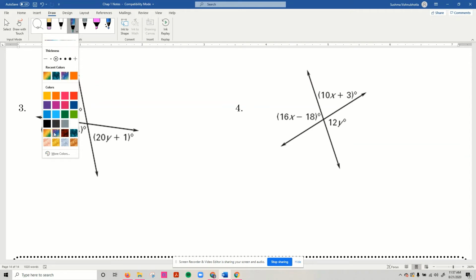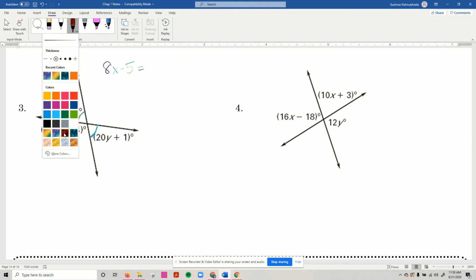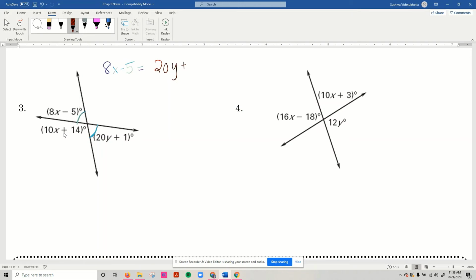It doesn't make sense to try and find y, because we know these are vertical angles, so starting with this doesn't really help us because we don't know x, we don't know y, we have two unknowns. But looking at the other two angles here, 8x minus 5 and 10x plus 14, we know these two are a linear pair. They're on a straight line, so they add up to 180. So I can find x first.